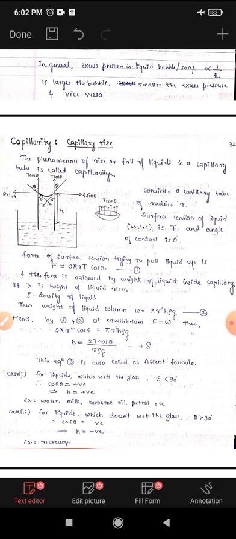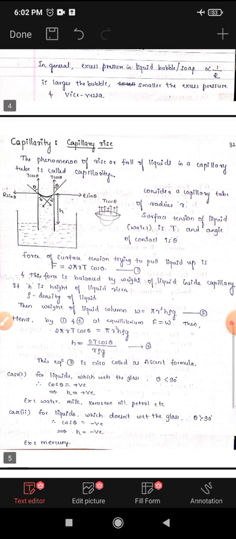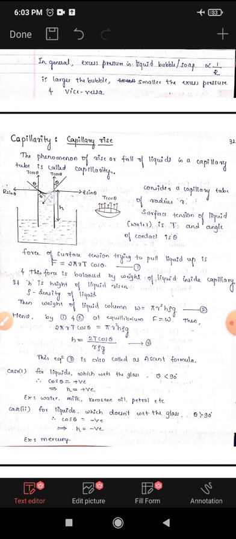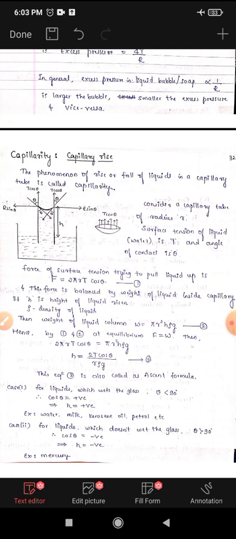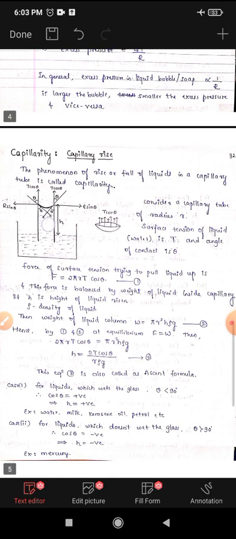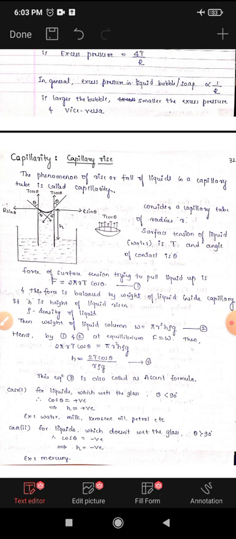And 2 pi r because there is a circular meniscus. This tube is circular in shape, so the whole upper surface of the liquid inside has the force. The circumference of the liquid inside the tube is 2 pi r. So the total force is F equal to 2 pi r T cos theta.